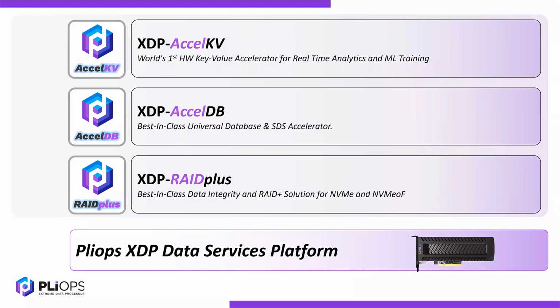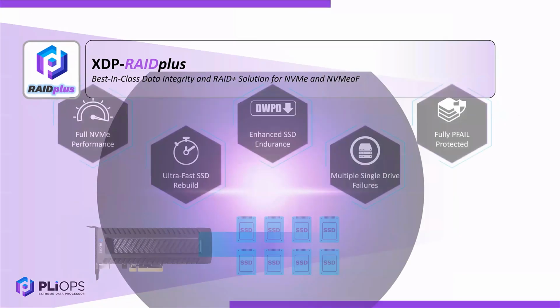And XDP XLKB, where an application can include an API and that talks directly to our hardware. And now the gains are in the range of 100x or higher. And we see this used for real-time analytics and ML training solutions.